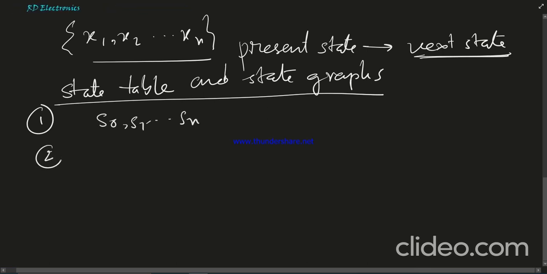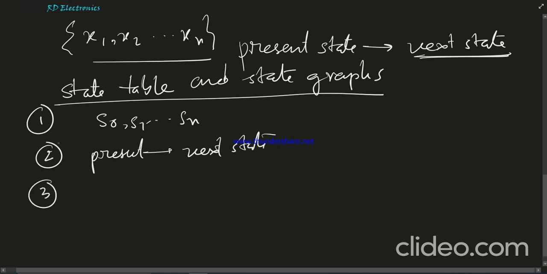The second part of the table indicates the change from the present state to the next state, influenced by the external input when the clock is applied.